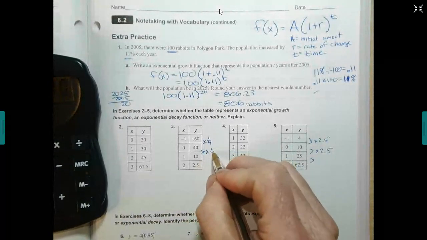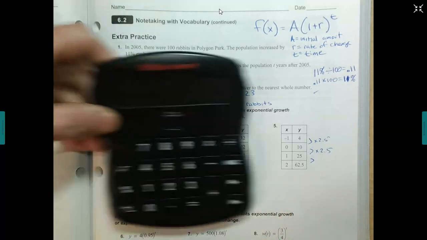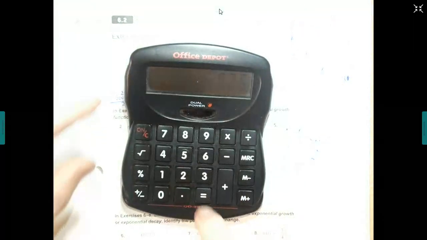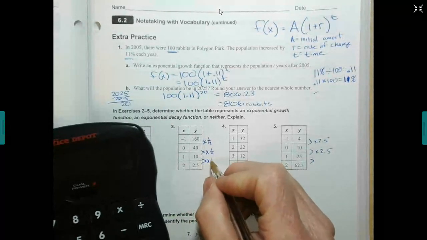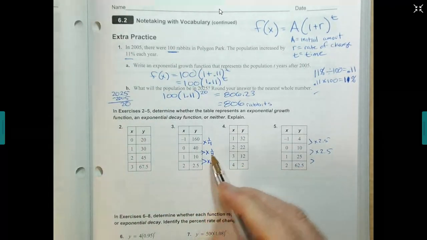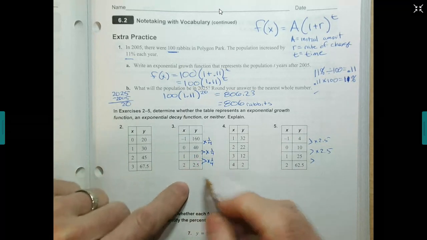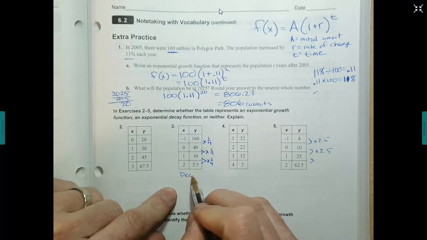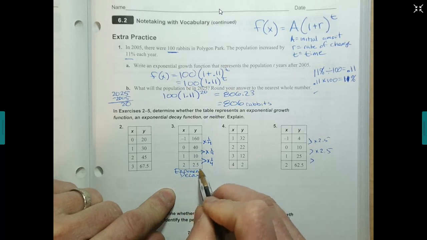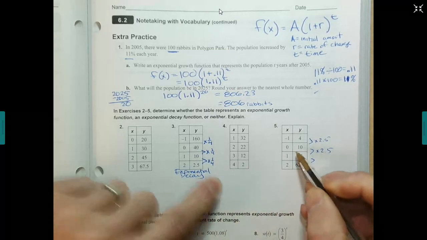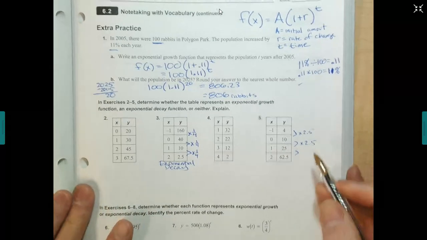Times 1/4, just 0.25. And let's check the last one. Times 0.25. Oh, that's correct. Times 1/4. So I do have an exponential, and it's decay.